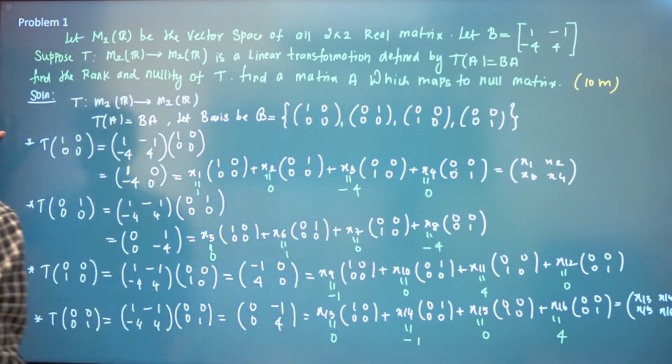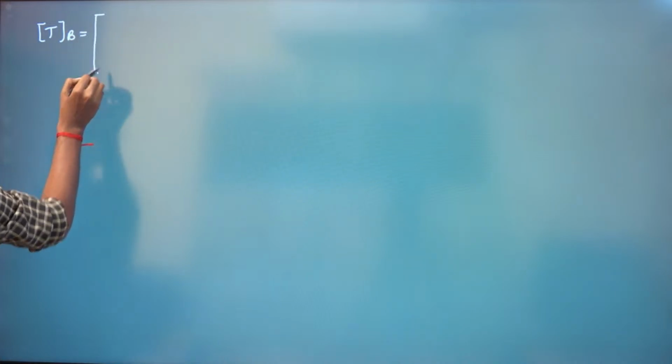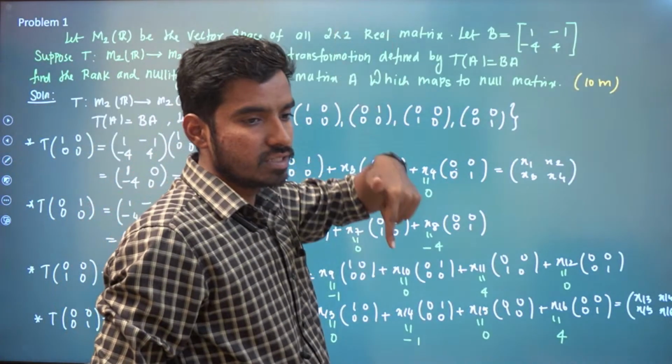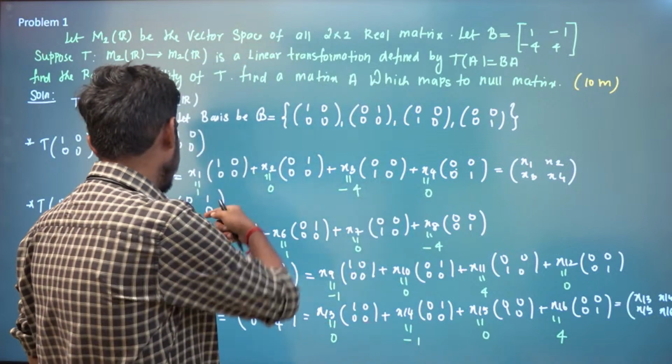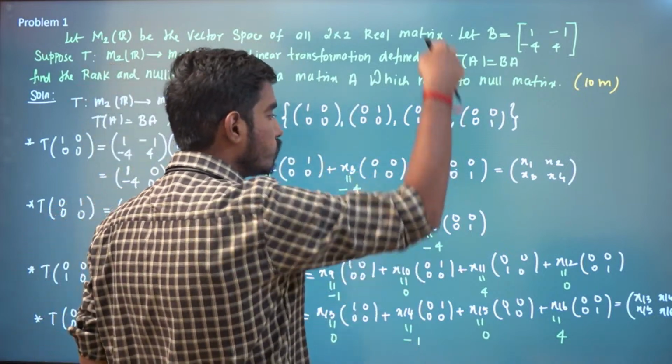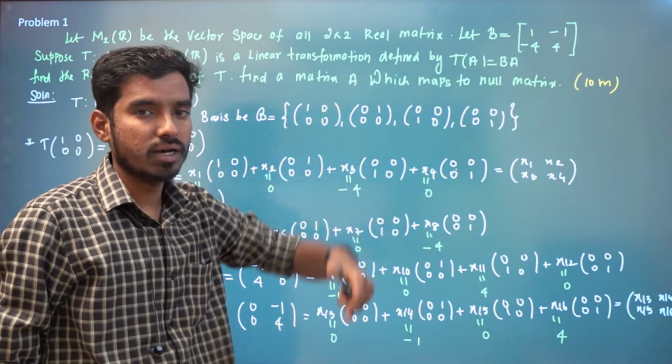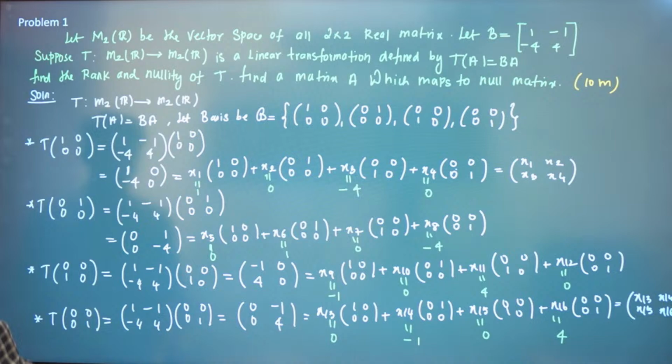Now therefore, what is the matrix of T with respect to the basis? The matrix of T with respect to the standard basis is given by, see, this x1, x2, x3, x4 will be my first column, and then x5, x6, x7, x8 will be my second column, right? You have to write that.